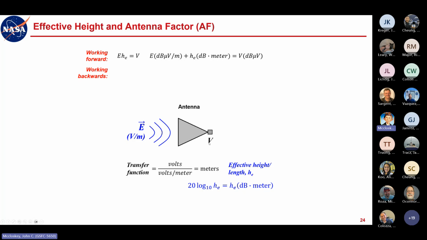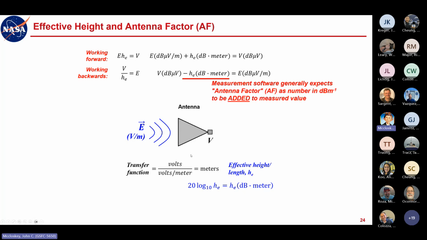You have this potential that you can observe and measure, but then you have to work backwards to determine what was the quantity of interest that gave you this potential. So if I have a potential that I'm measuring, I have to divide by the effective height to get the electric field that caused it. In dB space, I'm taking my measured potential and subtracting the effective height to get to my electric field, strictly numerically and theoretically.